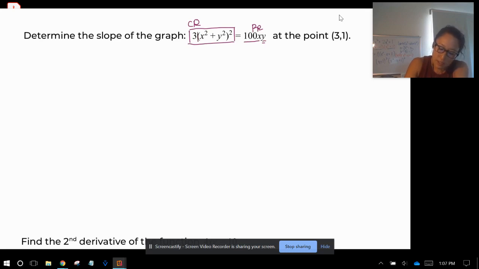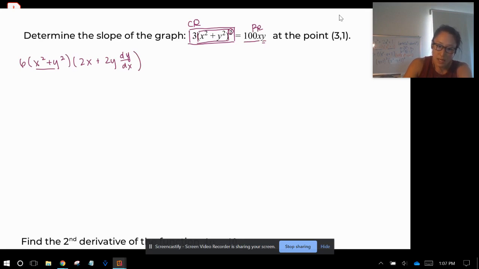The inside piece would be the parentheses. So the outside, I'm going to multiply 2 by 3, giving us 6. Everything on the inside, x squared plus y squared, stays the same, and then our power reduces to a 1. Then I'm going to take the derivative of the inside part, which is 2x. I do not need a dx over dx, plus 2y, but because it's not an x, I need to write dy/dx.